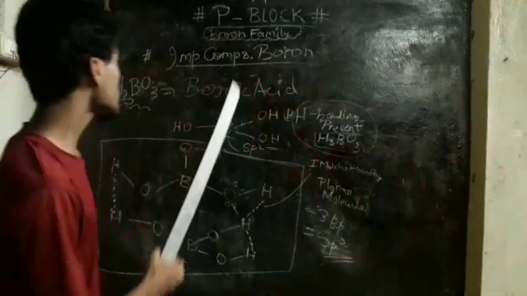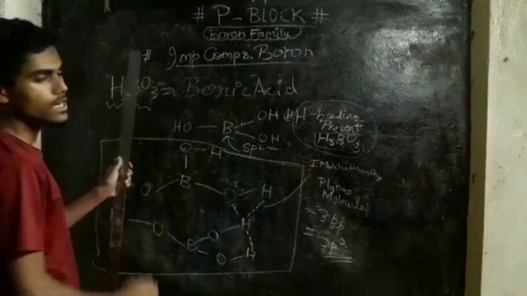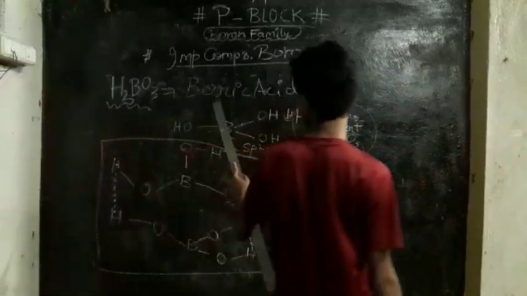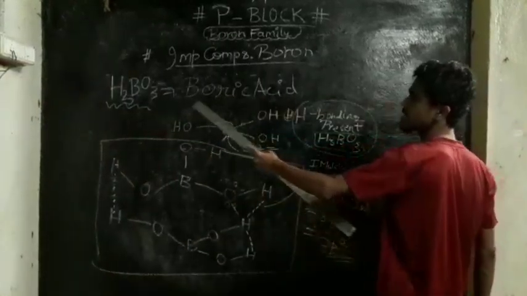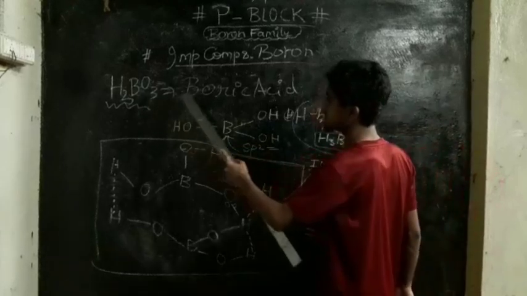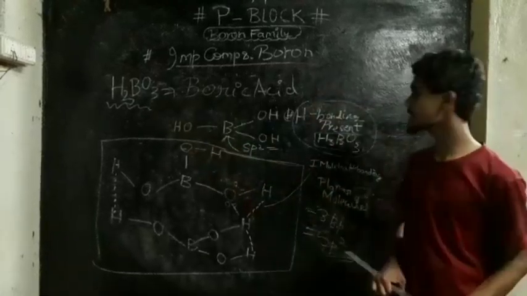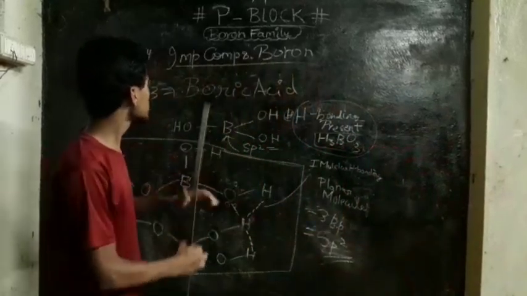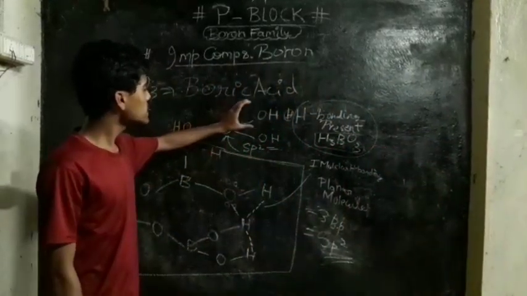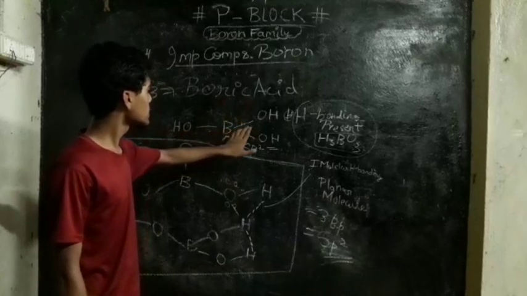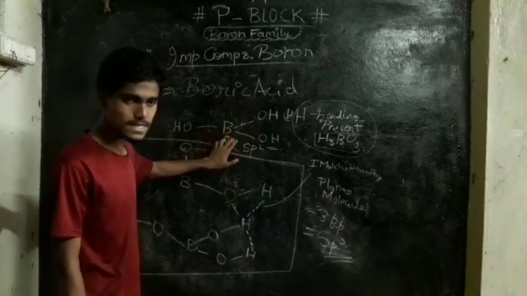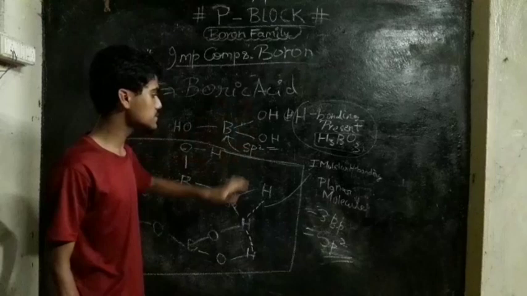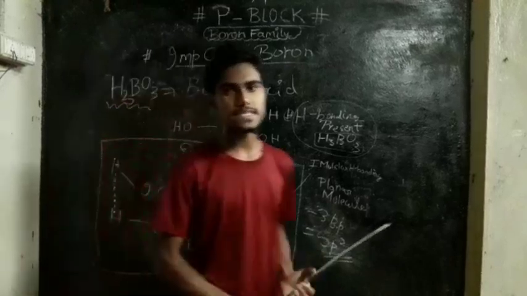The next important compound of boron is boric acid, H3BO3. It is also called orthoboric acid. We can see the structure here. Boron is bonded with 3 OH groups: 1, 2, 3. So the hybridization of boron is sp2. How do we find the hybridization?